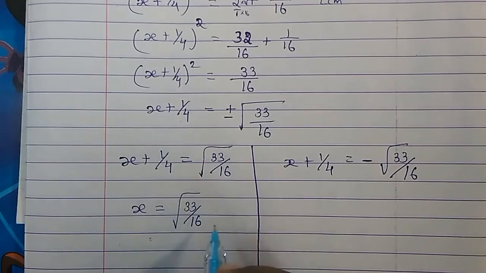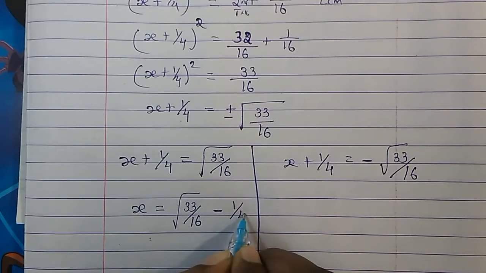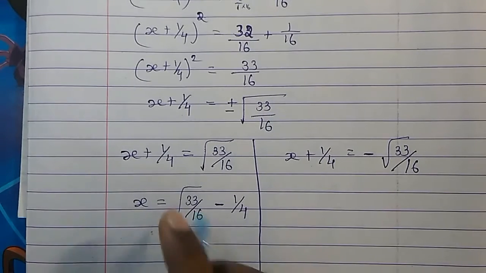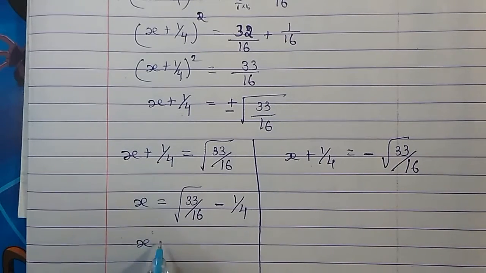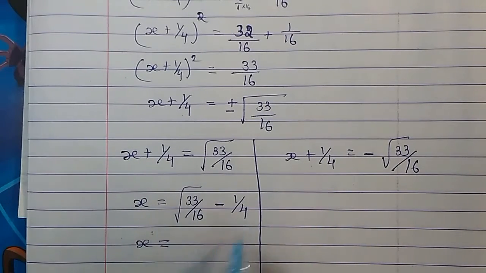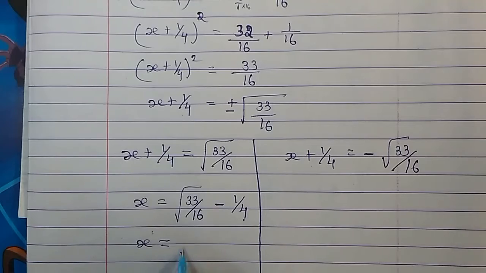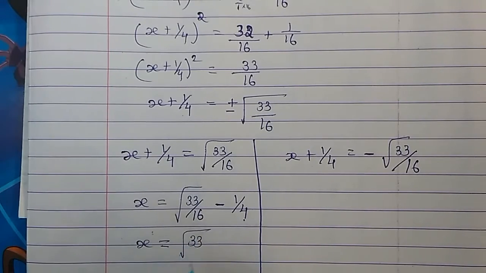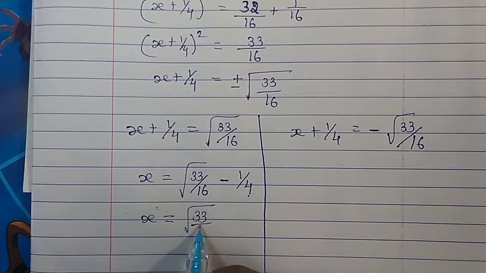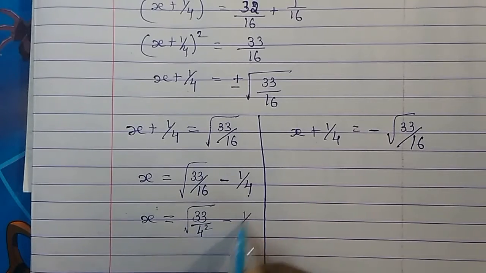This is plus, when it comes here it becomes minus. Now if you see, here we have 4 and here 16 is there. Actually this can be a perfect square. This 33 will be there, but this 16 can be written as 4 square.